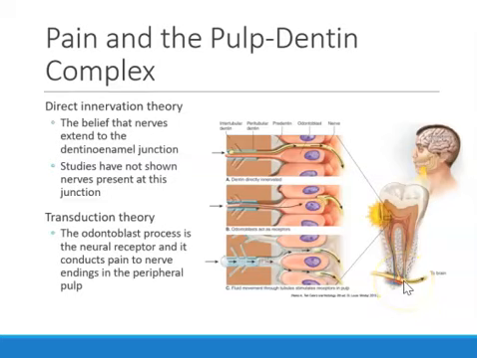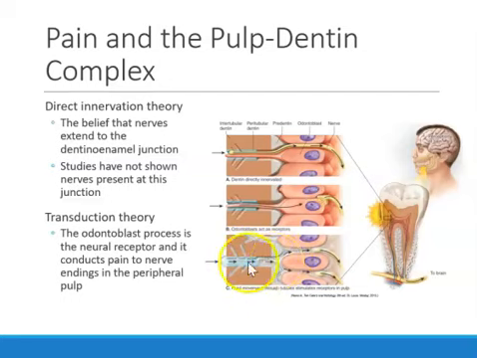Again, that's a theory out there, but the well-known theory right now is the hydrodynamic theory. The hydrodynamic theory is that there's water or fluid that fluctuates in the dentinal tubule. So when the dentin is stimulated, if there's pain near the dentin, the fluid gets stimulated over here, and the odontoblast process moves.